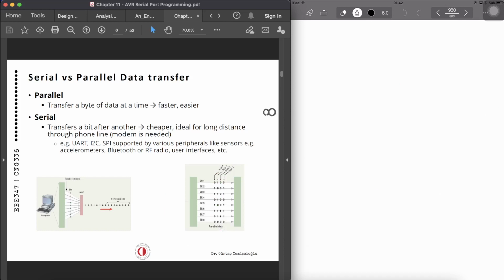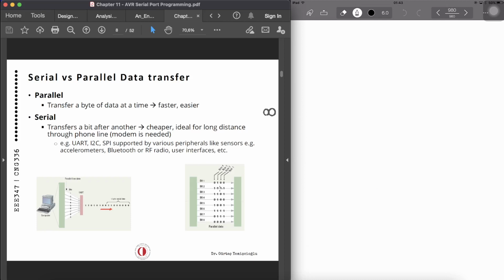And you can see this on the other side where we have the computer, with a parallel data bus. So we use something like a UART, which is one of the protocols, that will convert the parallel into serial and shift out one bit at a time. And once again, the parallel data is sent in parallel. You can send 8-bit data or 16-bit data at one clock pulse.